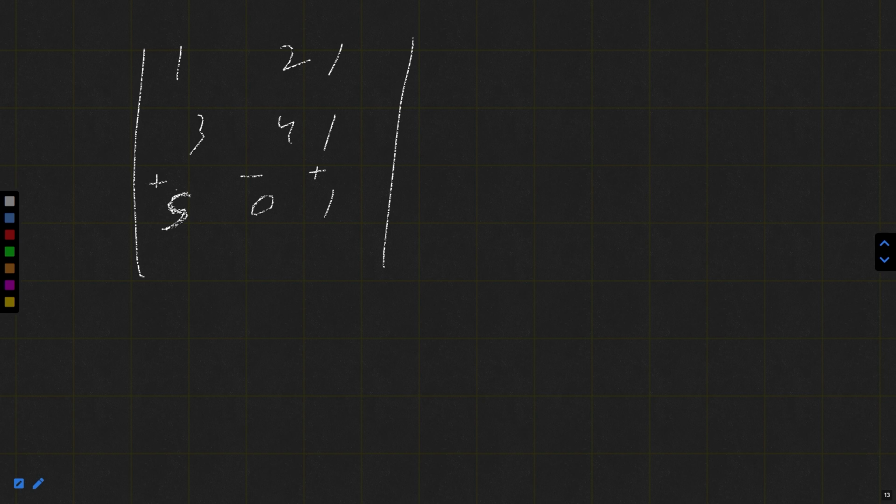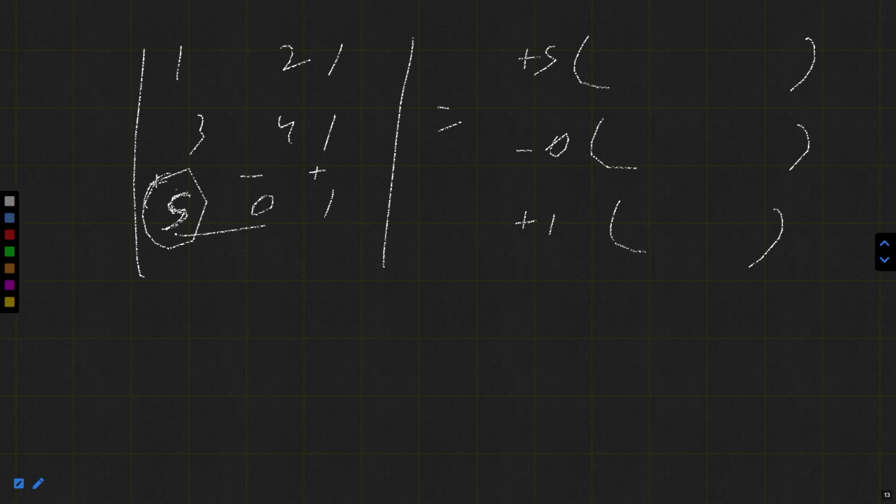And you can also verify this position is 3-2. Yes, 3-2 is odd, as you can see, minus. This will be 3-3 means even, means plus. Now this can be reduced to plus 5, minus 0, and plus 1. Okay, simple. Now choose this, remove these, you will be left with these. Same pattern.